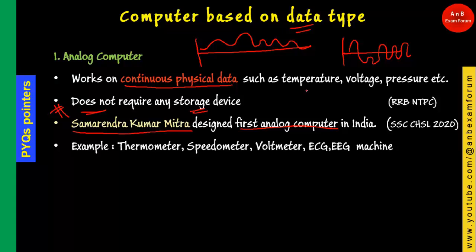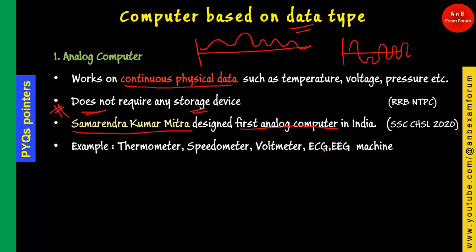Similarly, the speedometer works on the speed, which is a physical quantity changing over the time, so it is again some sort of analog computer. Similarly, ECG, EEG machine, all those are analog computers. But students, remember that nowadays analog computers are rarely used.